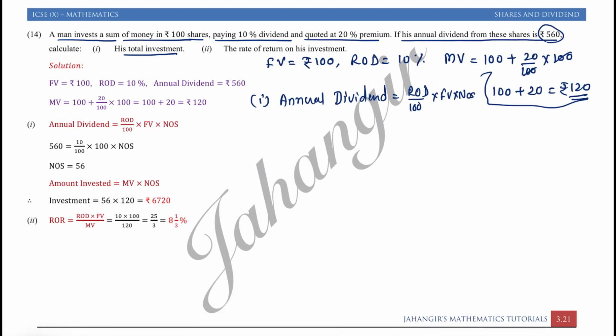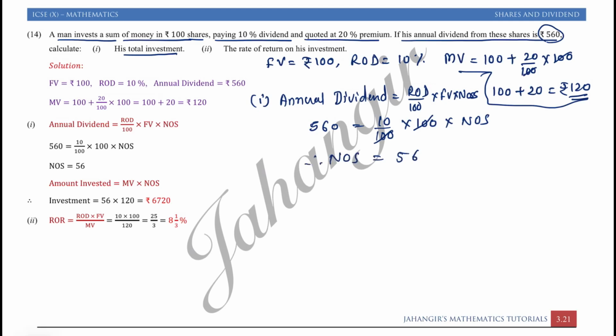So annually dividend is given as 560 rupees. Rate of dividend is 10% of face value 100 into number of shares, I don't know. Cancelling 100, so therefore number of shares we get as 56.